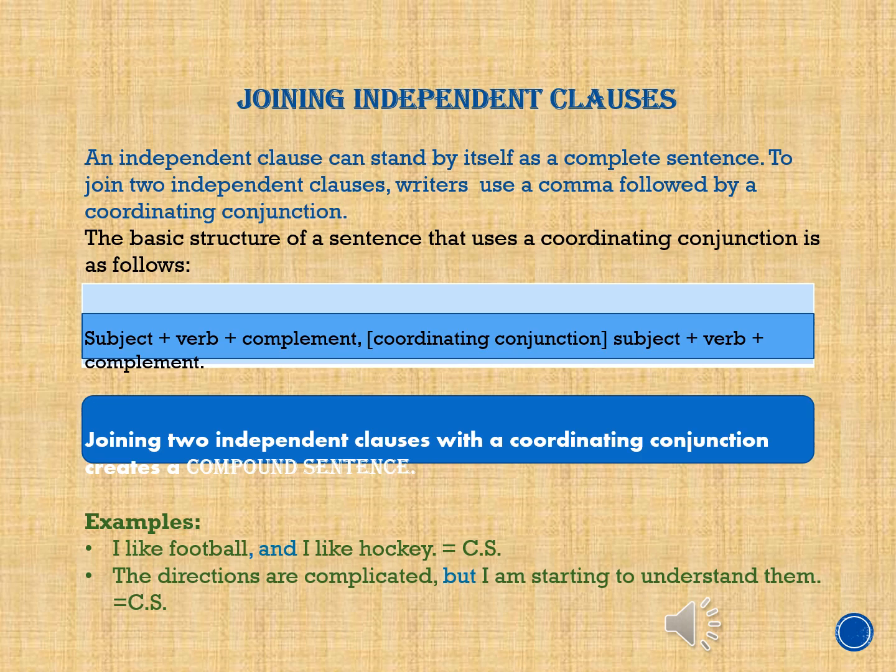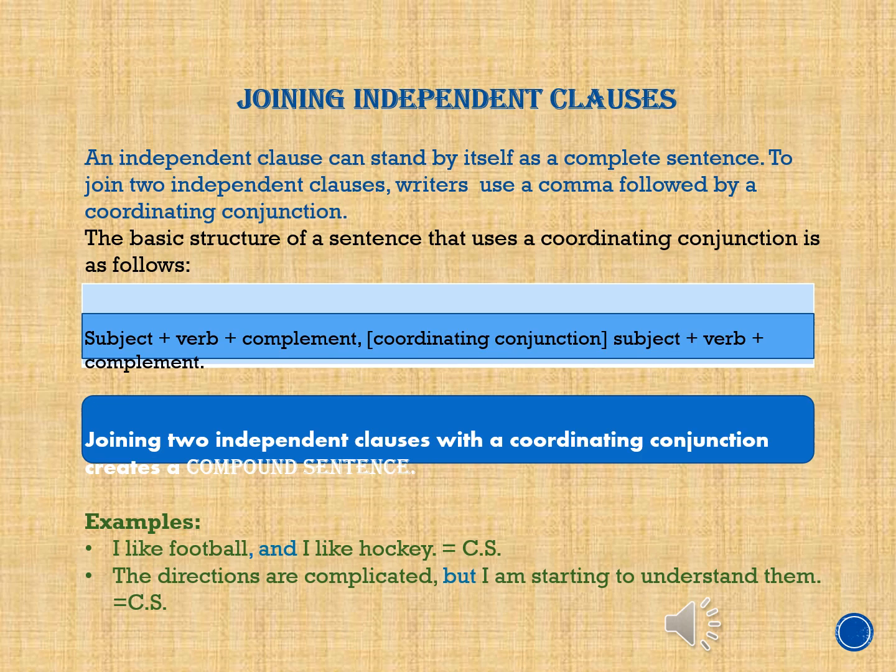So the basic structure of a sentence that uses a coordinating conjunction is as follows. You can see the formula. Subject plus verb, complement, don't forget this, comma, coordinating conjunction. Coordinating conjunctions are all the seven coordinating conjunctions that we just saw. So if someone wants to write because, while, or when, that is not a coordinating conjunction.